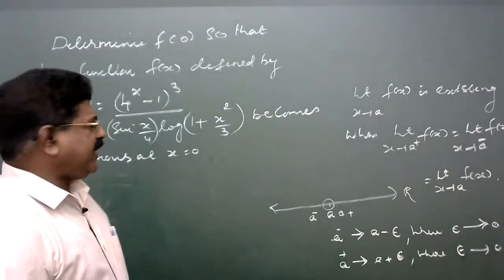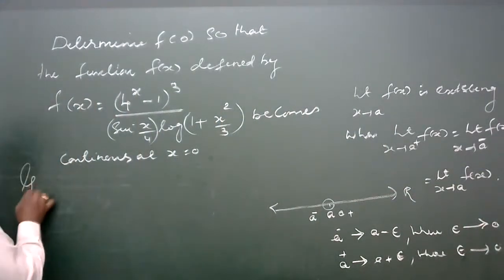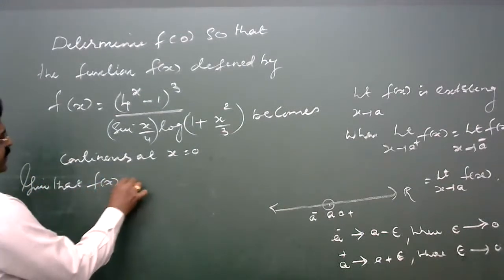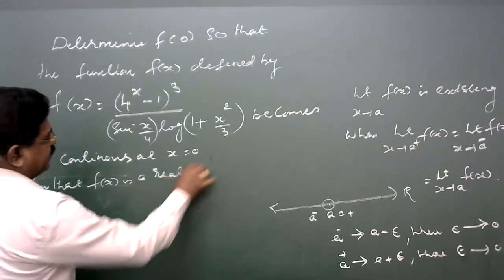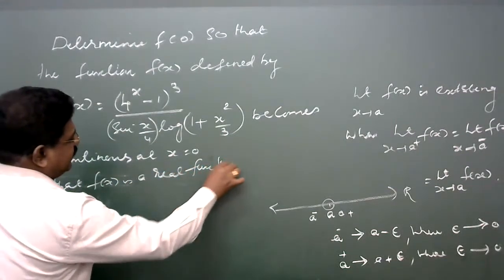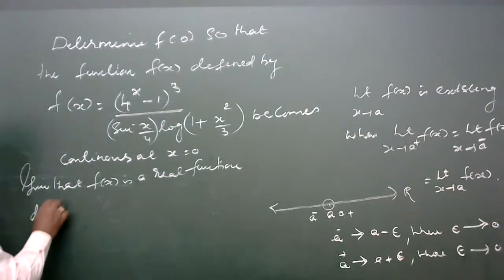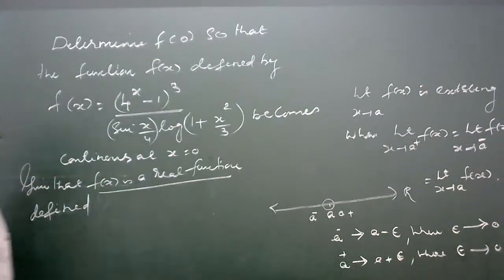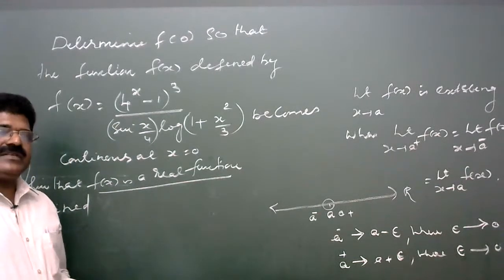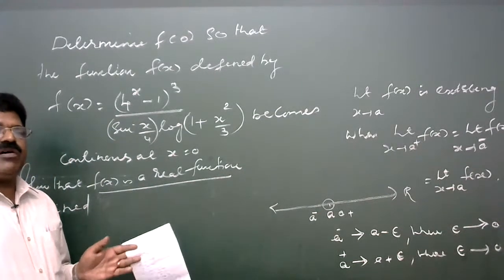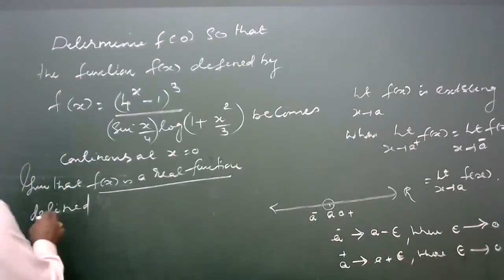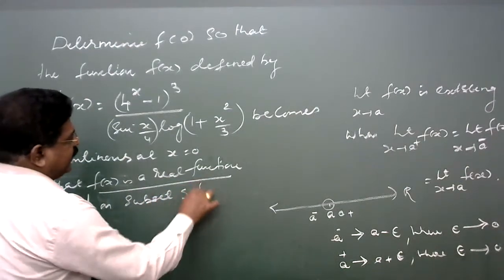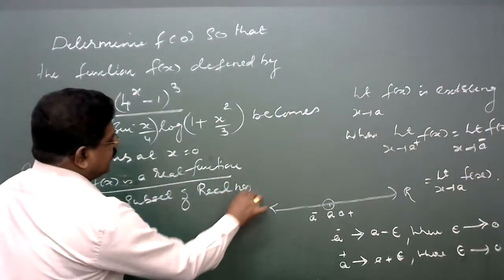Clear? Now, given that f of x is a real function defined on, why I told about this real function, the domain of the function is a subset of the real numbers. Okay, is defined on a subset of real numbers.